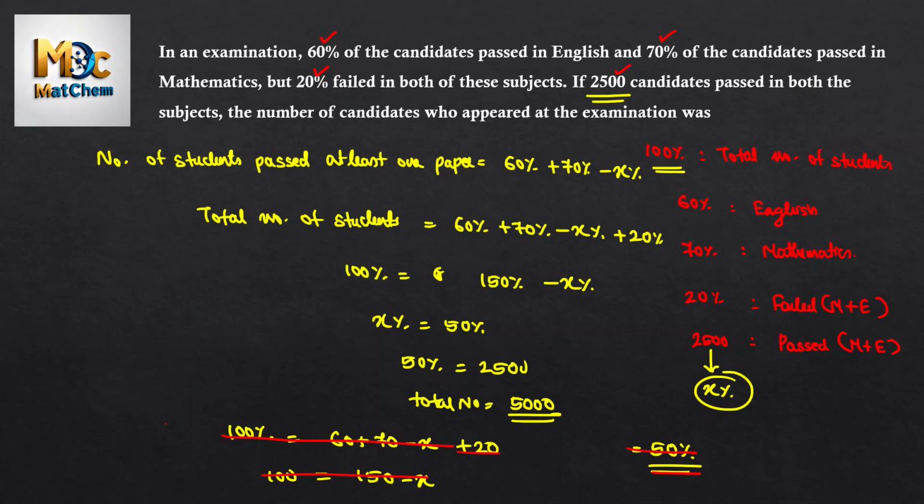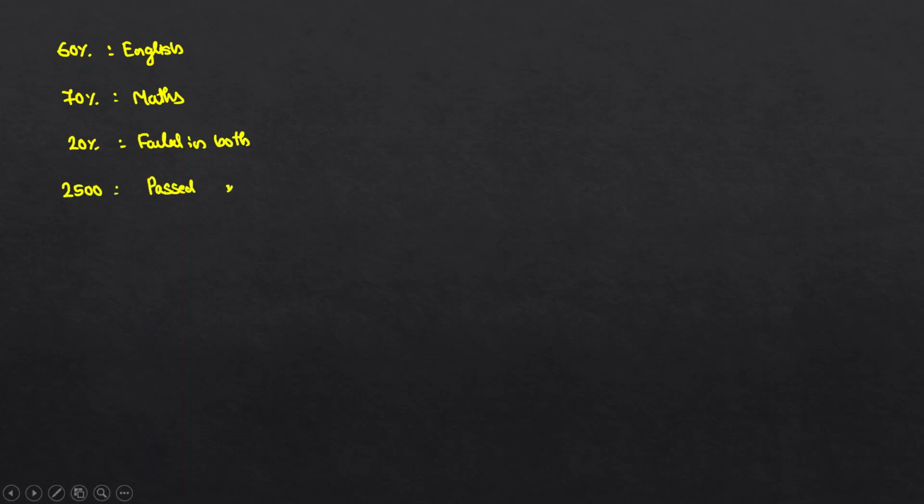How can it be done? In the question itself, they have mentioned that 60% of students passed in English, 70% passed in mathematics, 20% failed in both, and 2,500 students passed both. Using a Venn diagram, there will be a rectangle.